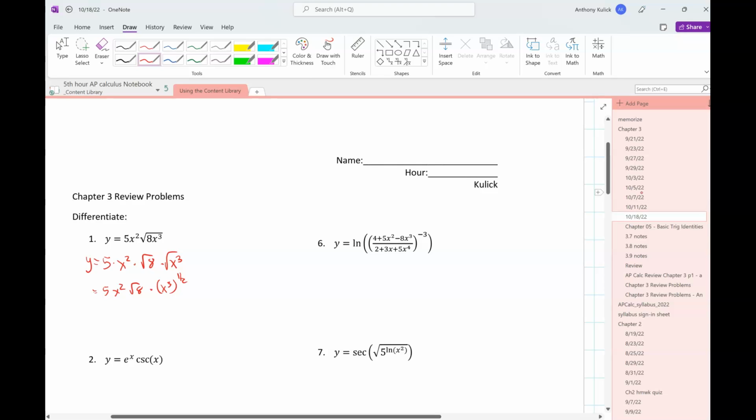So a square root is the same thing as to the 1/2. And then I can multiply these guys together. So 2 plus 3/2 is like 3.5, right? 2 plus 1.5 is 3.5, which is 7/2.